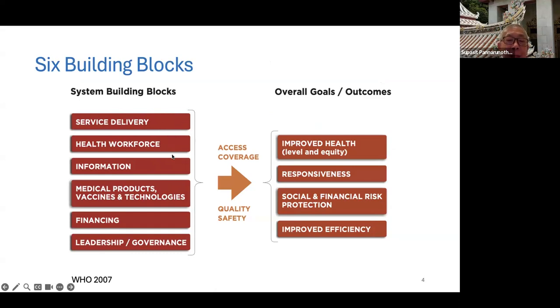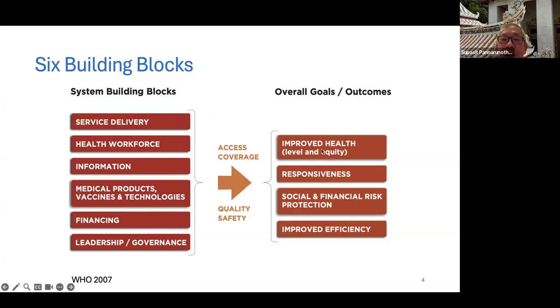But today's discussion will focus more on the information that has to be the foundation of the items provided by the universal coverage or the providers, and the financing, which is the payment models that we discuss today.